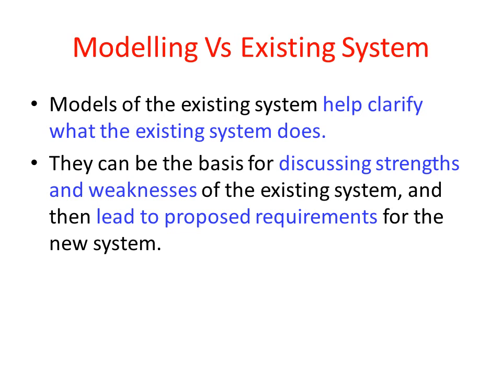It's a good choice to model the existing system in order to clarify what the system does and to understand the services, the features, and general attributes of the existing system. In addition, we can use the models of the existing system to show the strengths and weaknesses of that system, and this might lead to proposing and introducing new requirements.